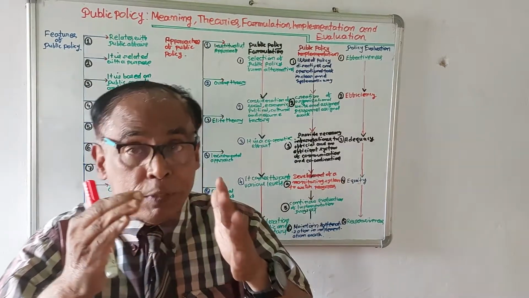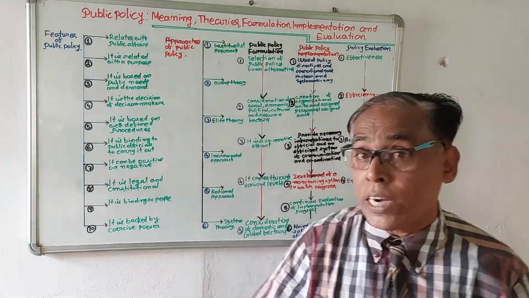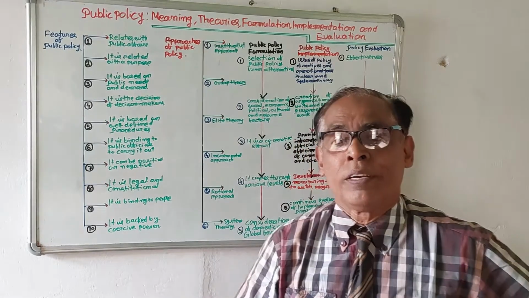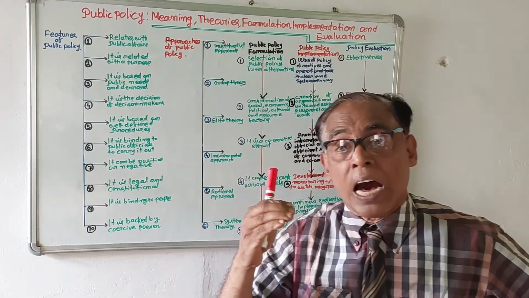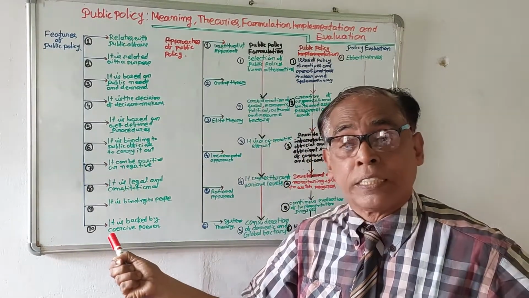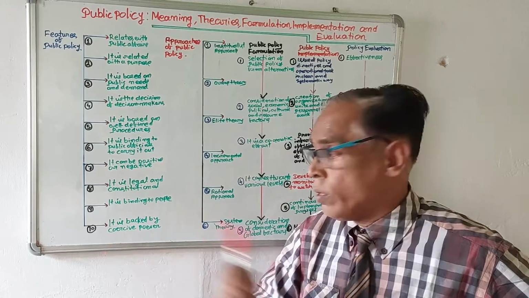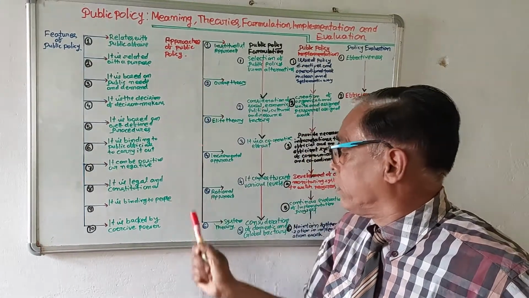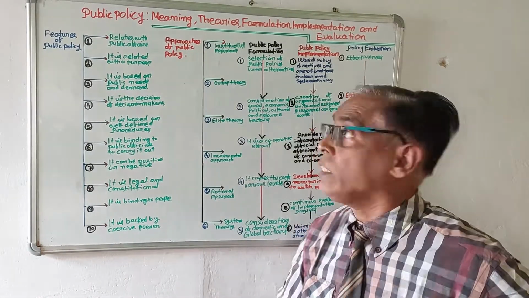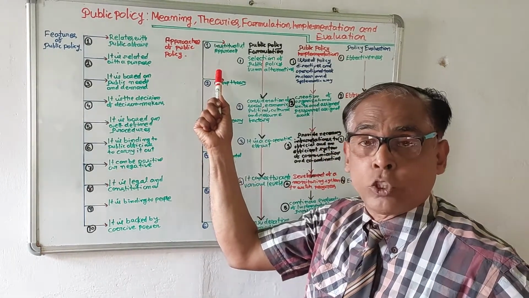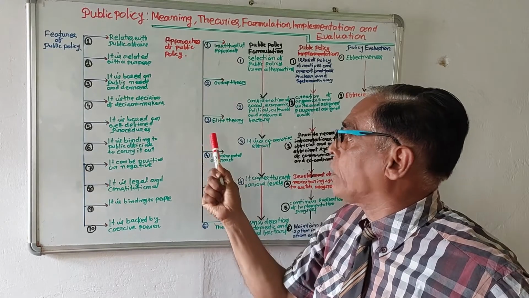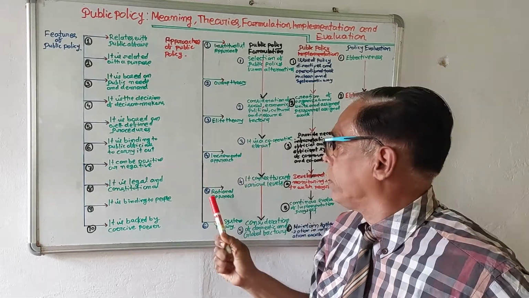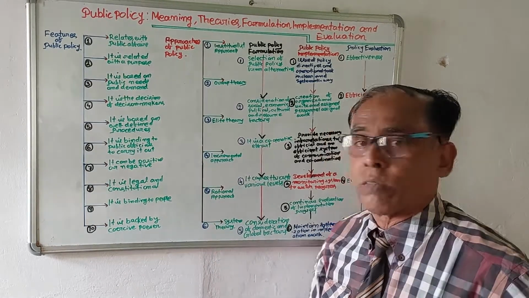So in this video we have discussed what is public policy and what elements are observed in the public policy. We have discussed 10 features in the public policy. We have discussed 6 theories of public policy like institutional approach, group theory, elite theory, incremental approach, rational approach, and system theory.